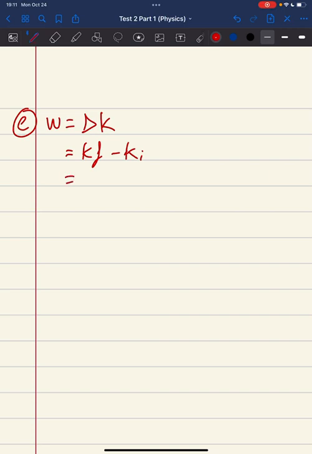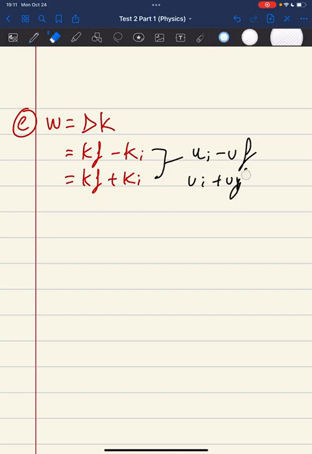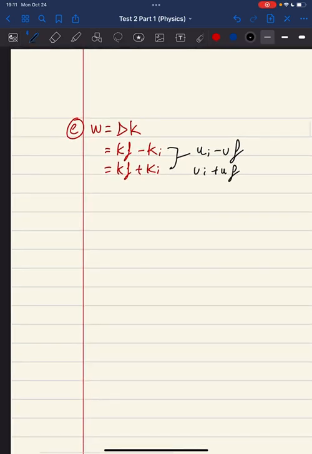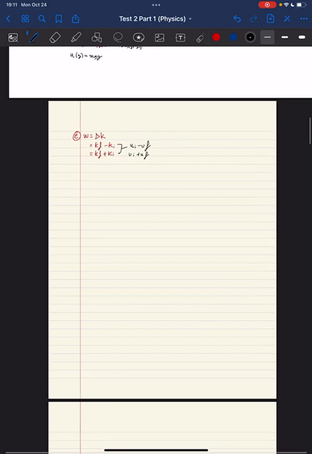And that would be either, it depends on the problem, Kf plus Ki, or this could be represented with the U potential energy. Alright, that will be the end of the video.